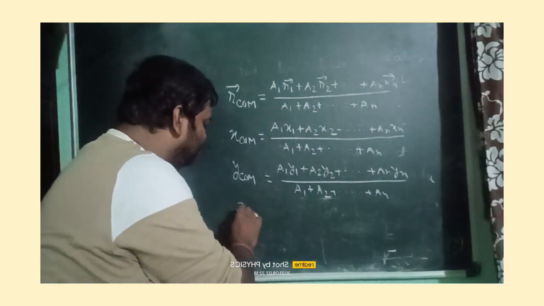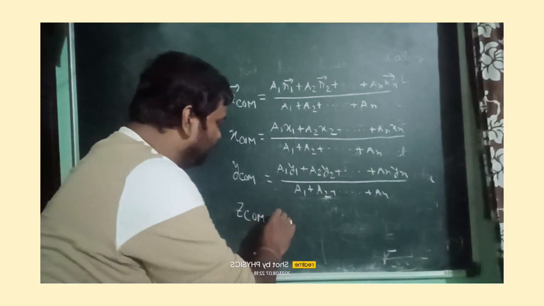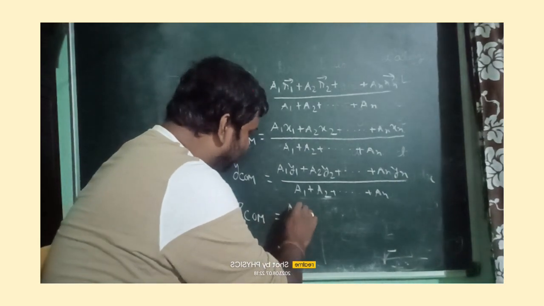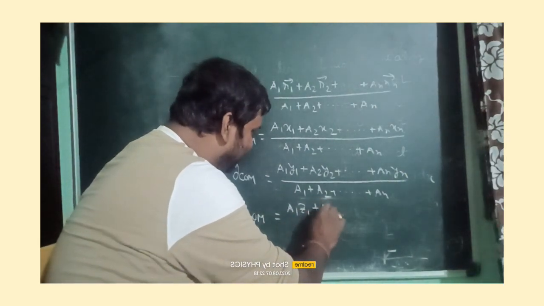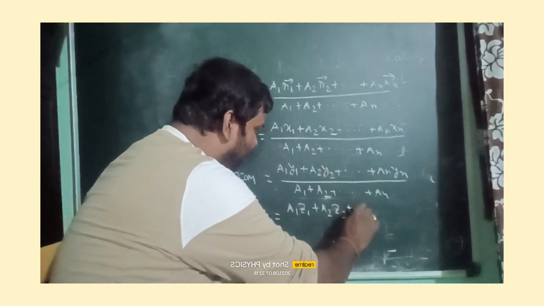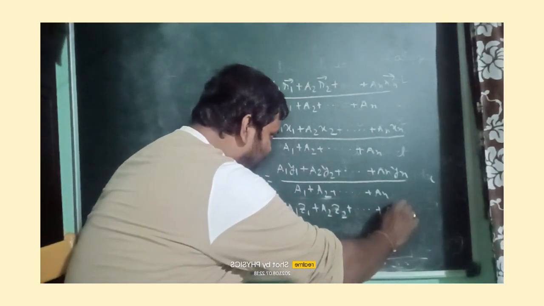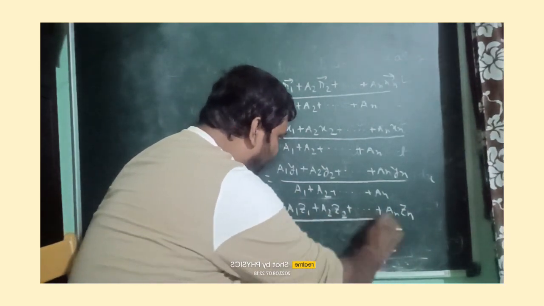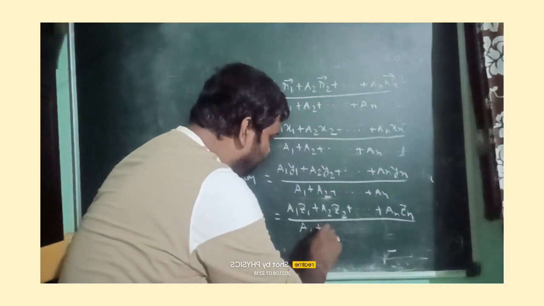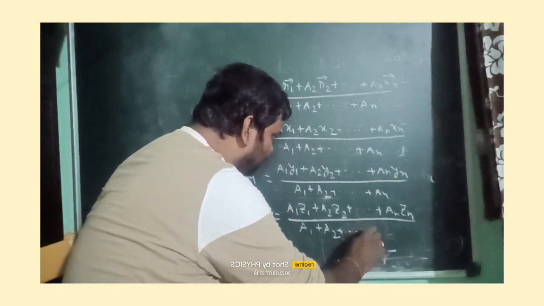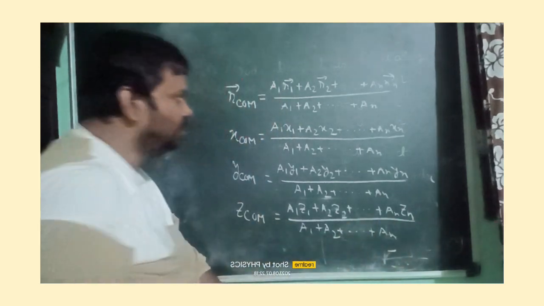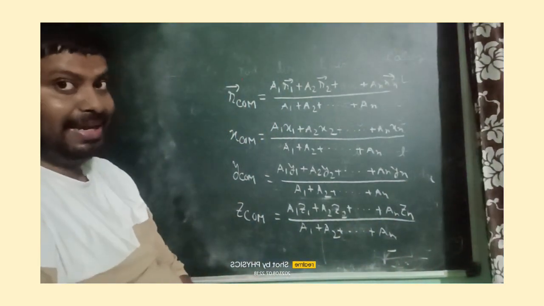Now ZCOM is equal to A1 z1 plus A2 z2 plus dot dot dot AN zn by A1 plus A2 plus dot dot dot AN. Those are the formulas for laminas.